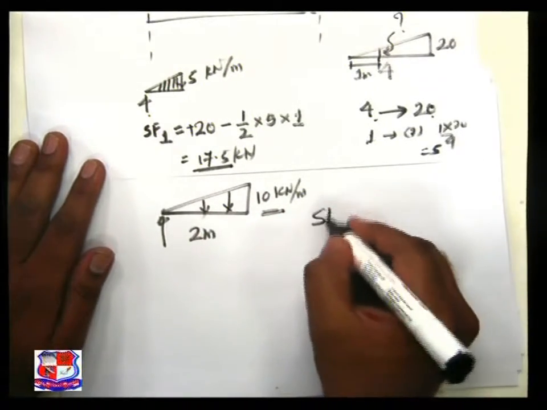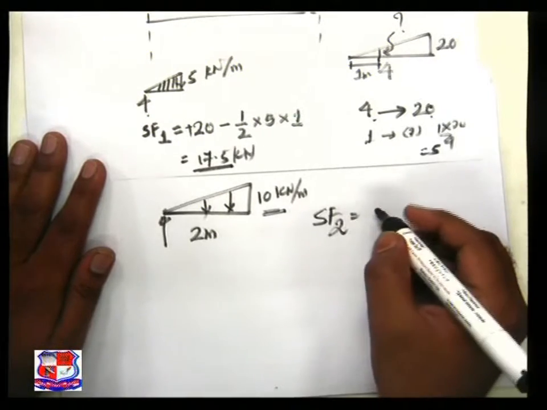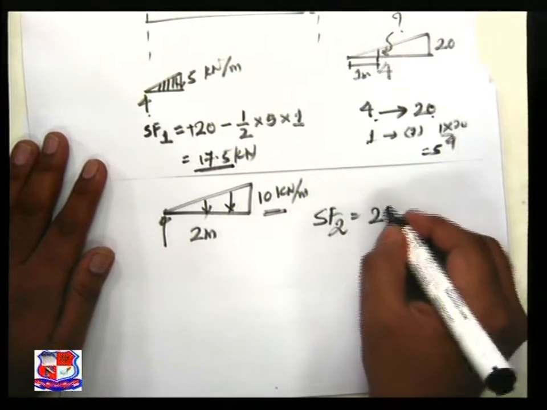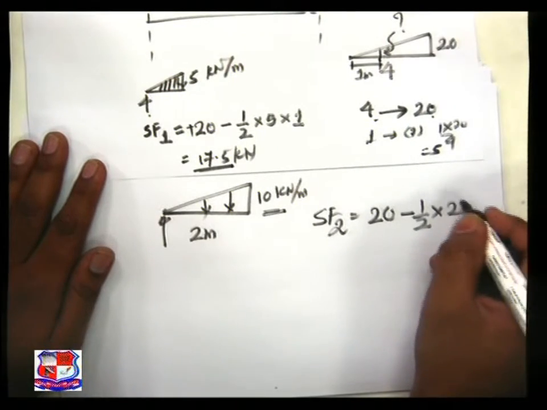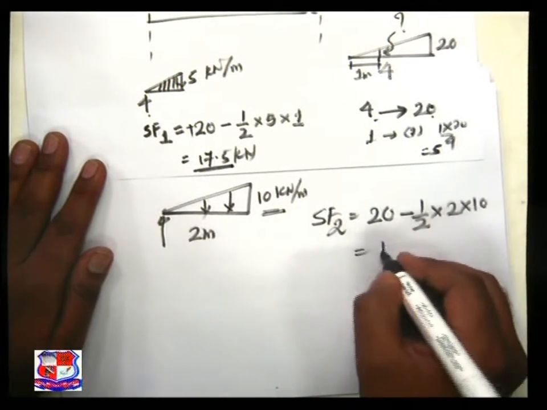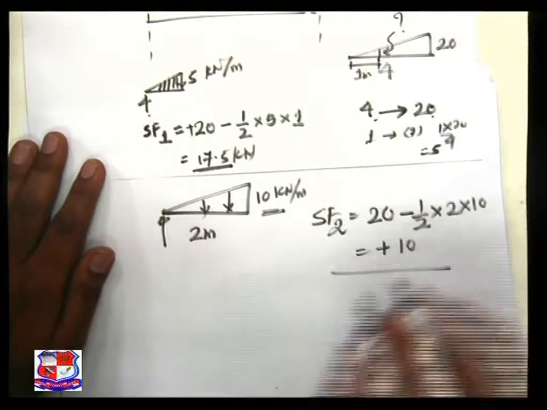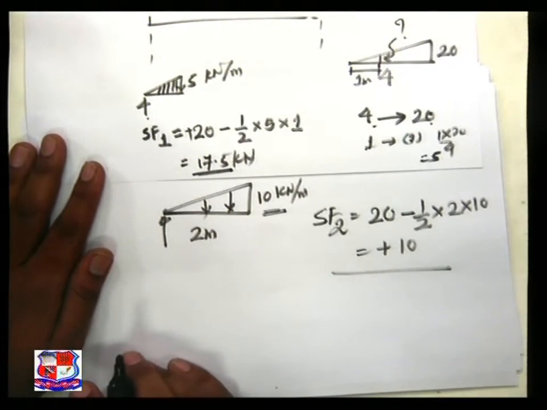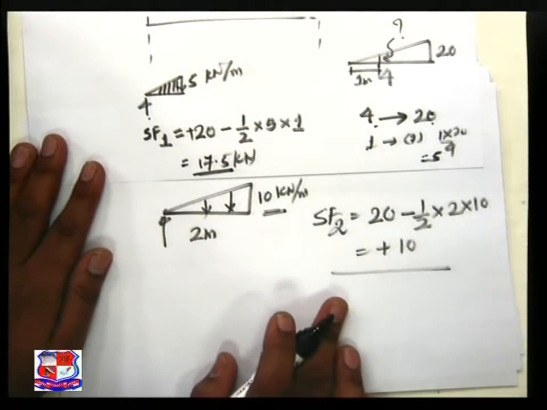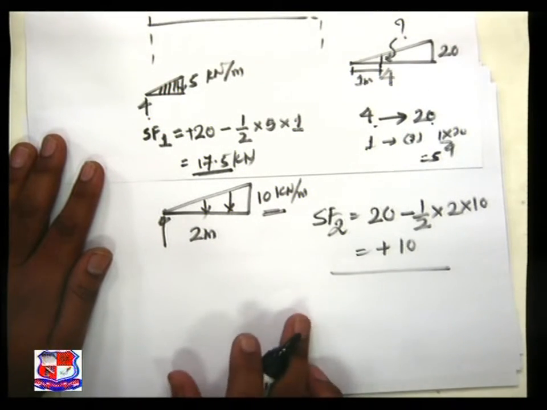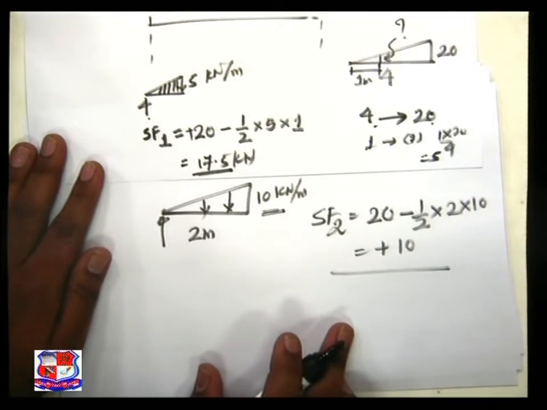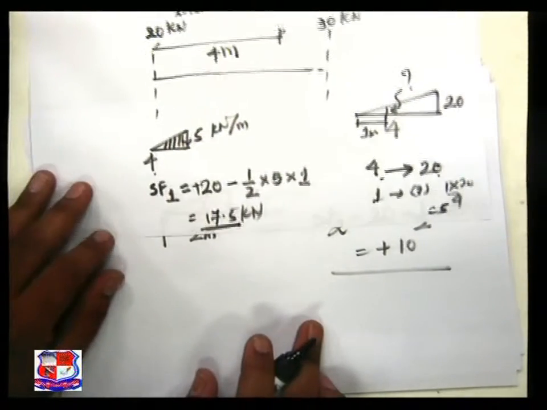So shear force at 2 meter is equal to 20 minus half into 2 into 10, and this value is plus 10. Similarly, we can find out shear force at 3 meter, shear force at 4 meter and shear force at 5 meter.